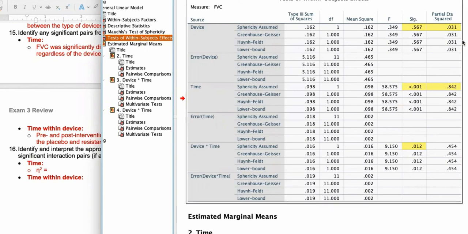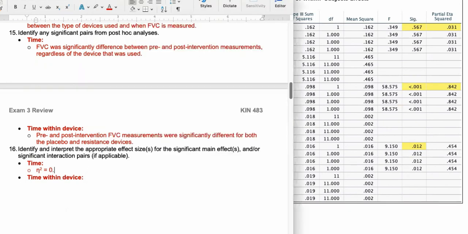And I highlighted the effect sizes for both device and time, just so if you guys wanted to reference where they would be located. Because device was not significant, I won't report that one, but we will report the effect size for time. So we have 0.842, which is larger than 0.14. That's our criteria for a large effect size.